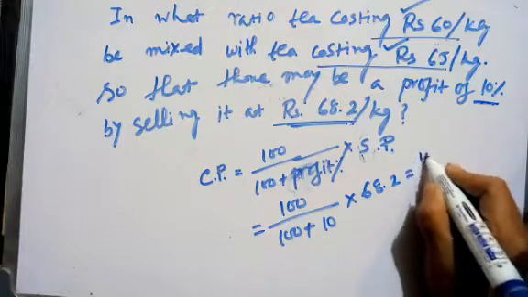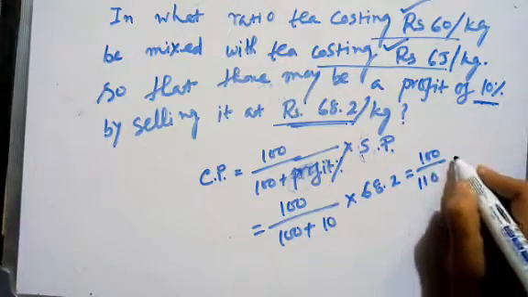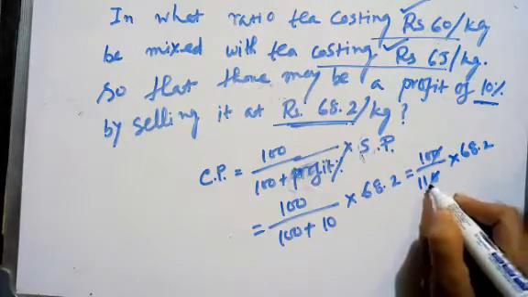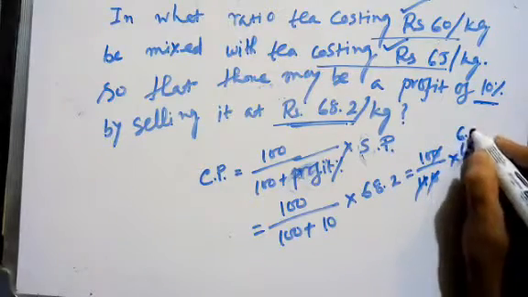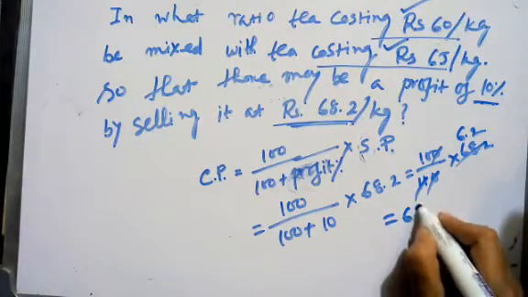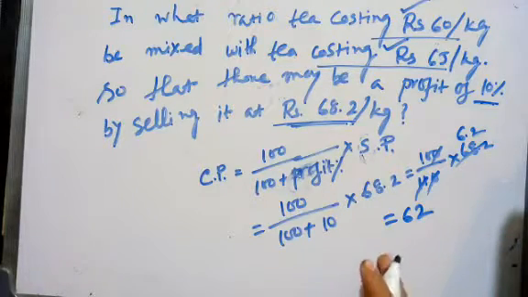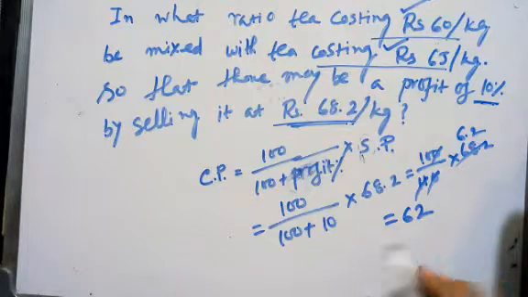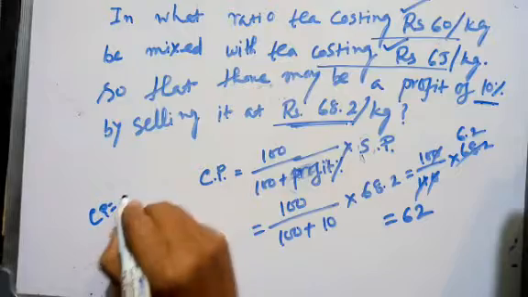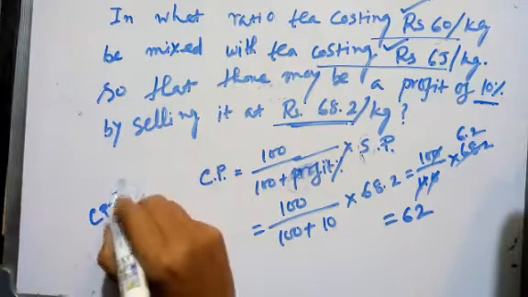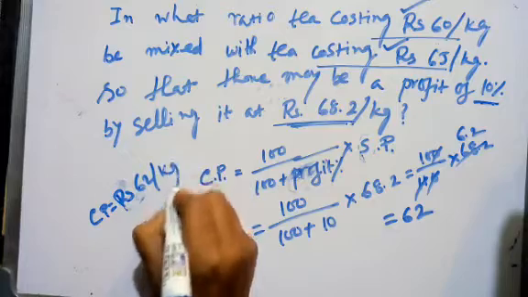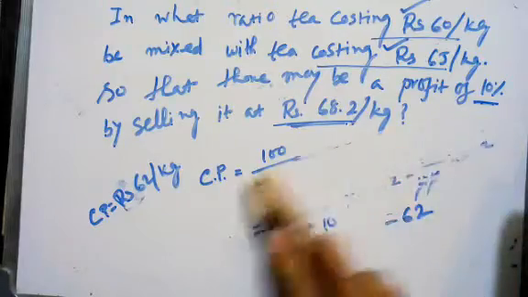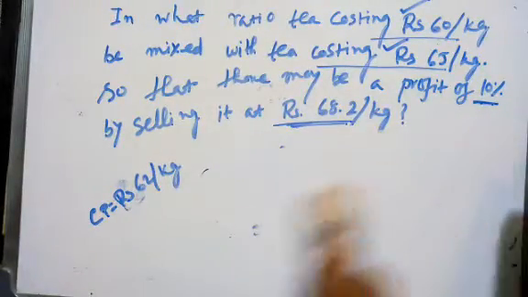That means 100 by 110 into 68.2, zero cancels, that gives 62, that means rupees 62 per kg cost price. So the cost prices are 60 rupees and 62 per kg, clear. Now we make the alligation table or alligation chart.